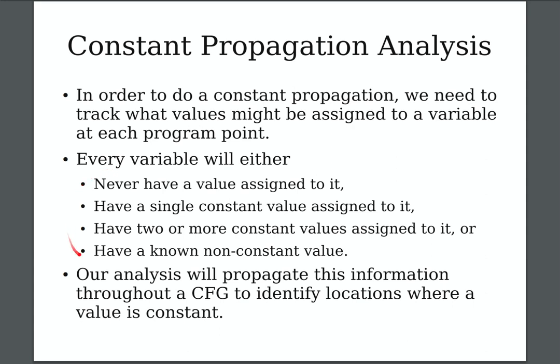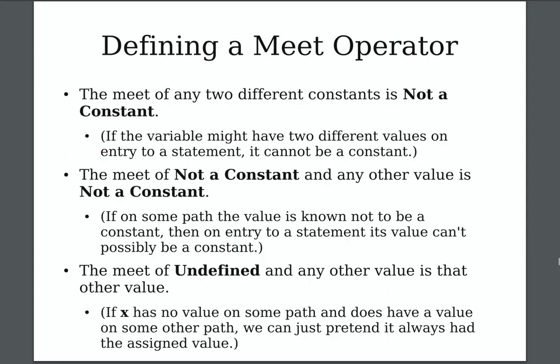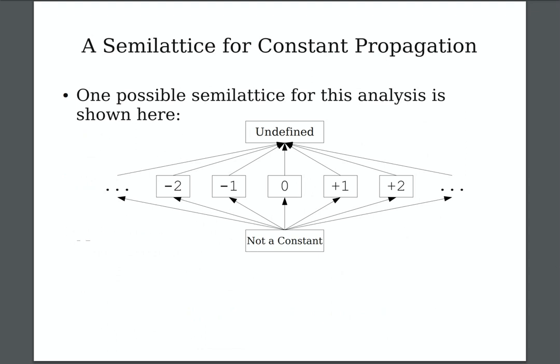Of course you can design your analysis however you want, but to make a very simple lattice for this constant propagation, we can define our lattice like this, where the top element is undefined, reflecting the fact that we don't know any possible value, and then the next layer of our lattice is all of the integers.